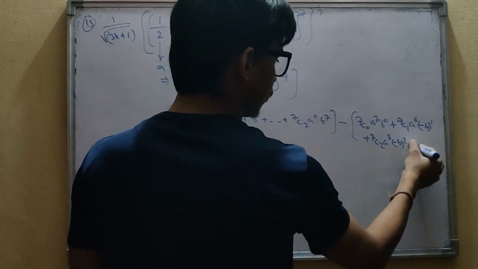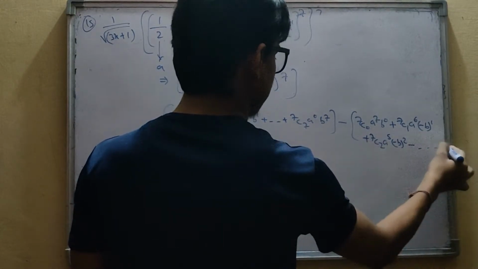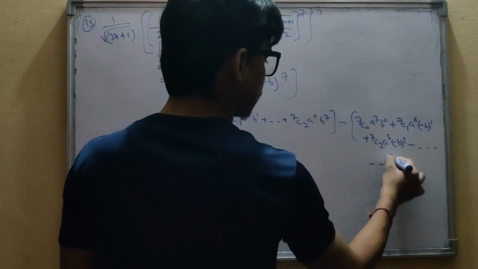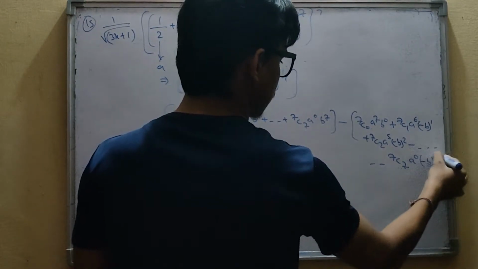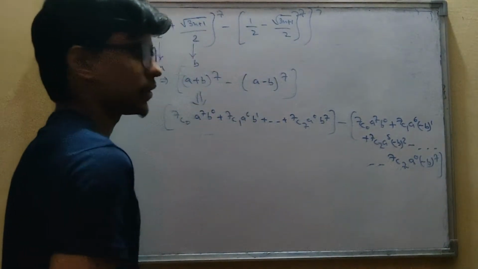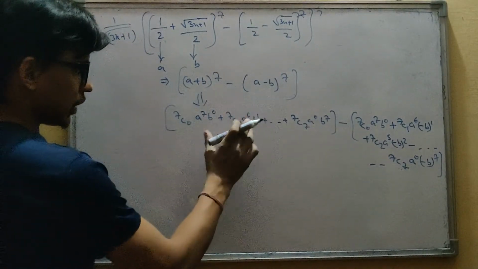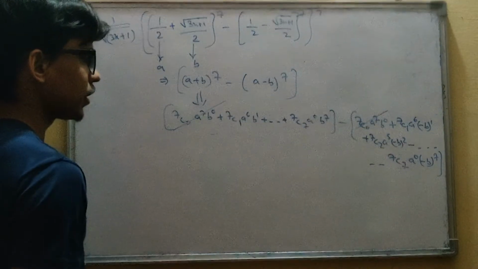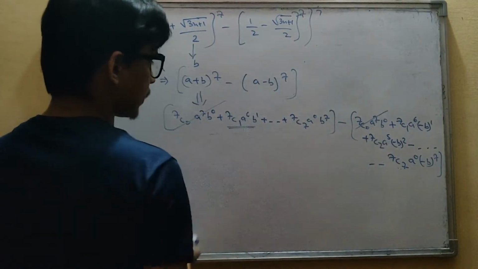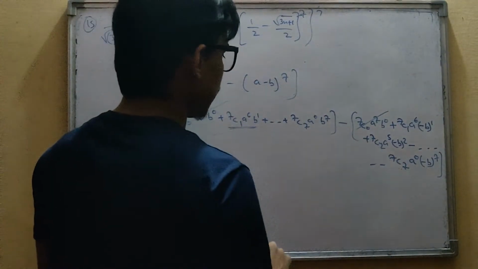Now the next term is going to be negative. You know why it is negative, and so on. And the last term is 7c7 a to the power 0 but minus b to the power 7, something like this. So while we are subtracting, this term will cancel out with this one, and this one remains.